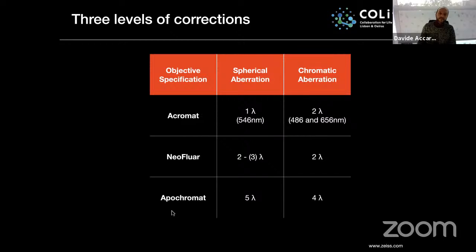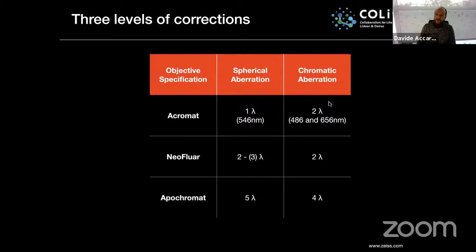The 3 levels are listed in this column, and they are achromat, neofluar, and apochromat, like the one that we were observing before, right? So an objective that says plan achromat means that it is compensating for spherical aberration at one single wavelength, and specifically 546 nanometers. This is a very difficult piece of information to dig out, okay?